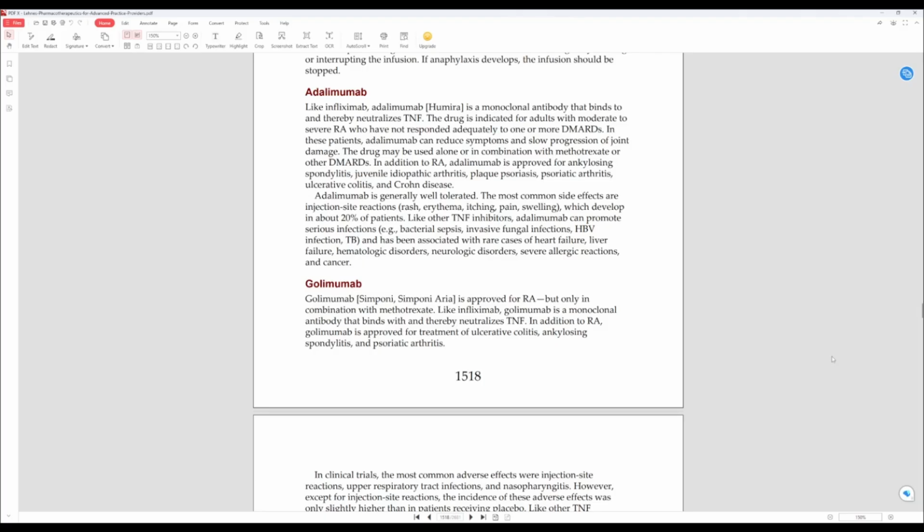In addition to RA, Humira is approved for ankylosing spondylitis, juvenile idiopathic arthritis, plaque psoriasis, psoriatic arthritis, Crohn's disease, and ulcerative colitis. Humira is generally well tolerated. The most common side effect is an injection site reaction: rashes, erythema, itching, pain, and swelling, which develop in about 20% of patients.